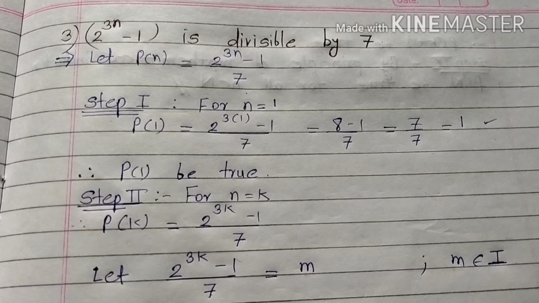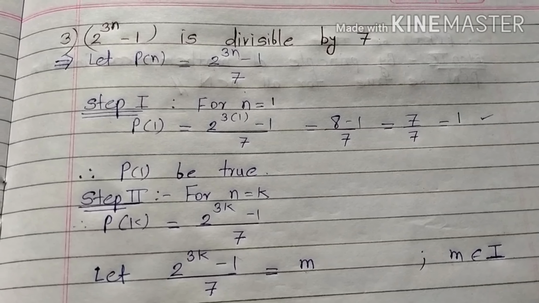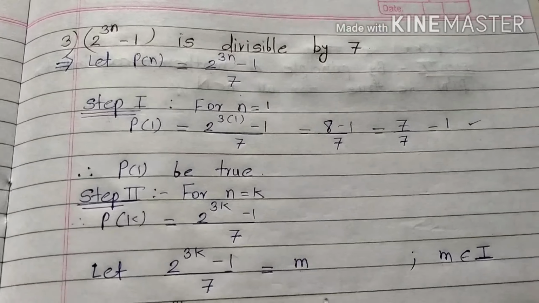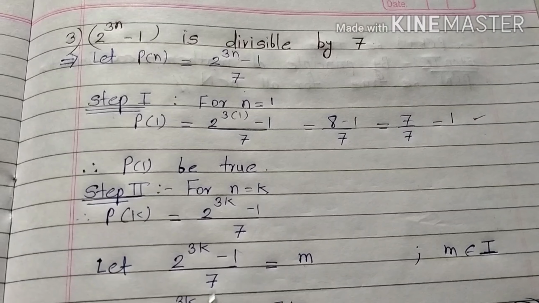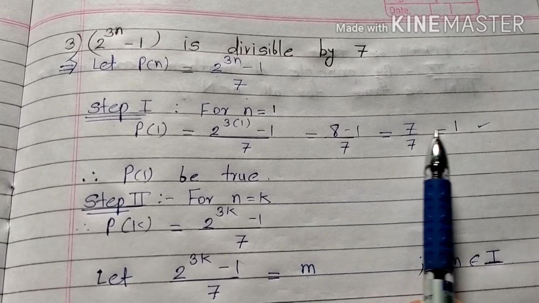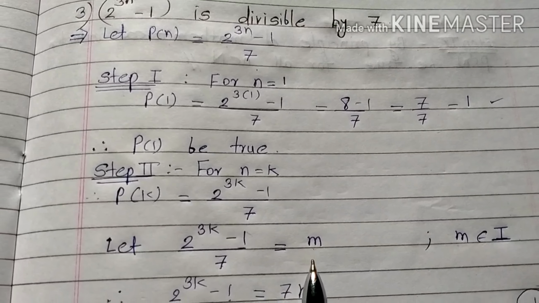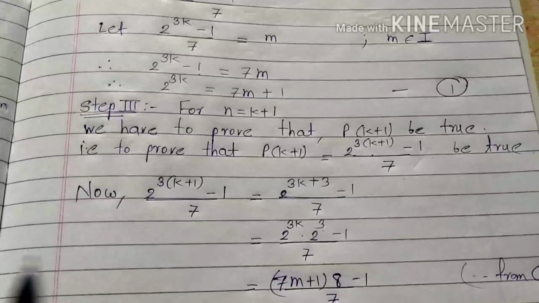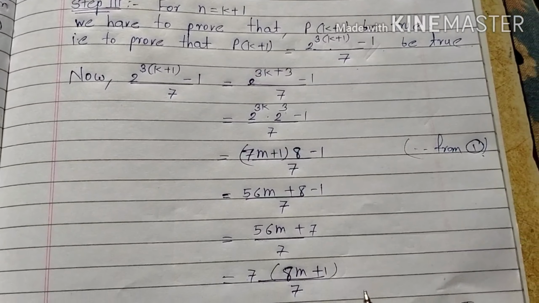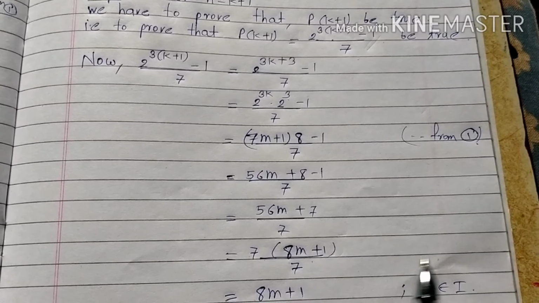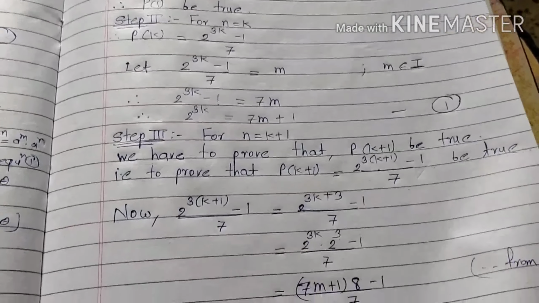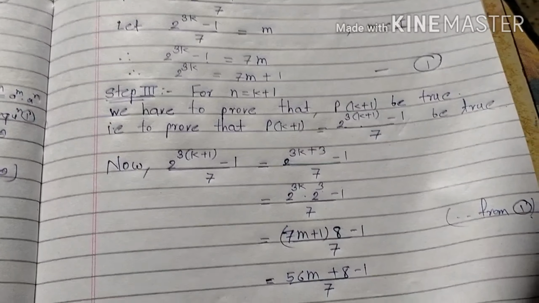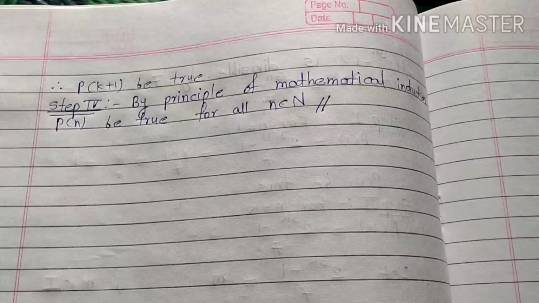In this example, we do not prove LHS is equal to RHS. We prove the divisibility, that is, an integer. So in step first, our integer is 1. In step second, we take integer m, and in step third, we get integer 8m plus 1. In this way, all these three steps are true. That's why we conclude that P of n is true for all n belonging to natural numbers.